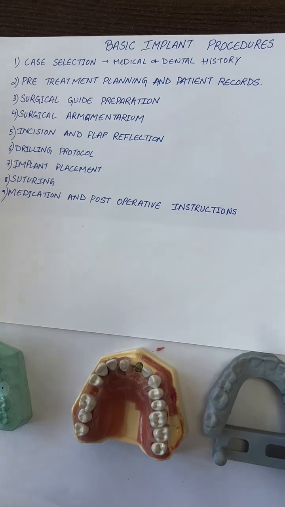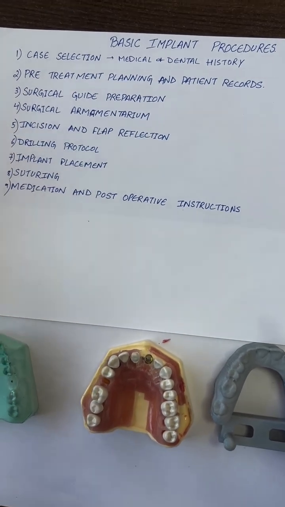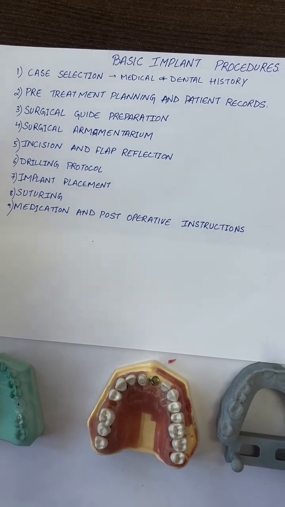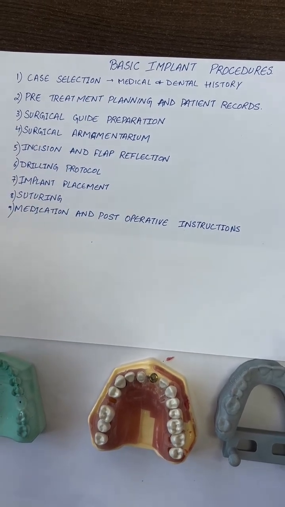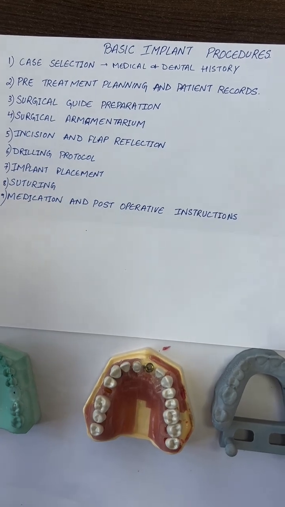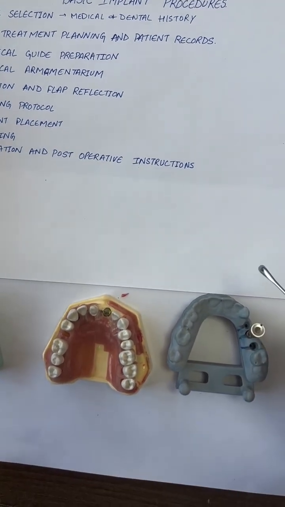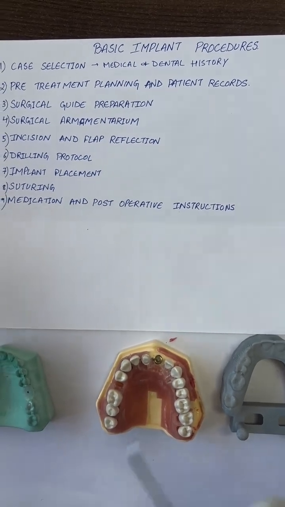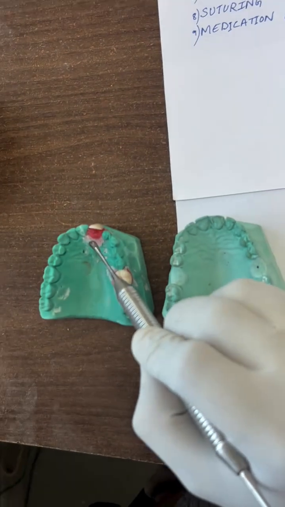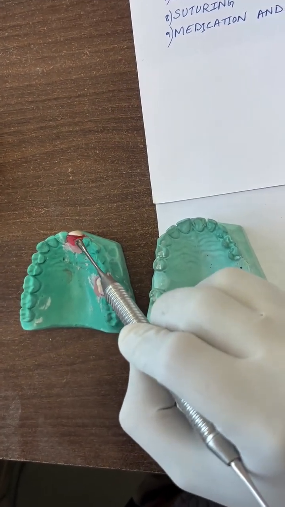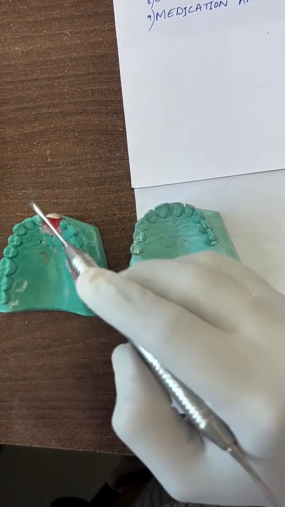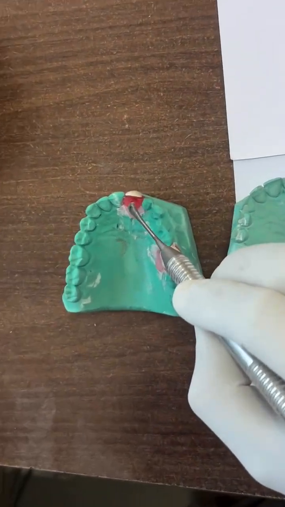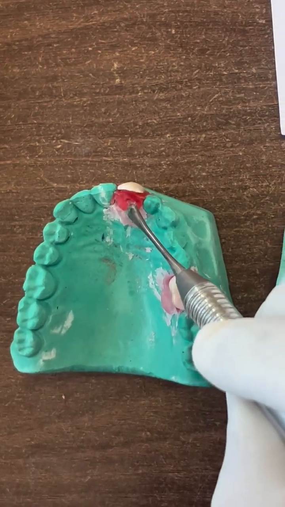Once we have taken the patient records and have done the pre-treatment planning, now it is time to make a surgical guide. Now, a surgical guide can be an advanced kind of CBCT guided surgical guide, or it can be a very basic surgical guide like what I have shown here, where we have made an acrylic tooth and I made a hole in that acrylic resin, which is the ideal position where the drilling should start.